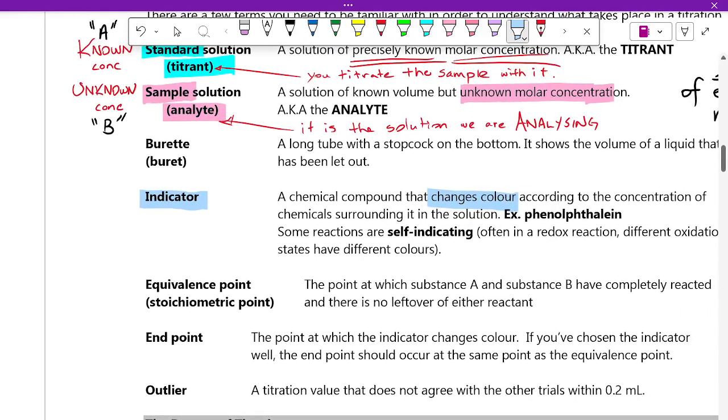Hopefully it changes color when the reaction is complete. You could actually choose a bad indicator and it would change before or after the reaction is complete, but then I would have been a bad chemist. In a perfect world, you will choose one that changes when the reaction is perfectly complete.